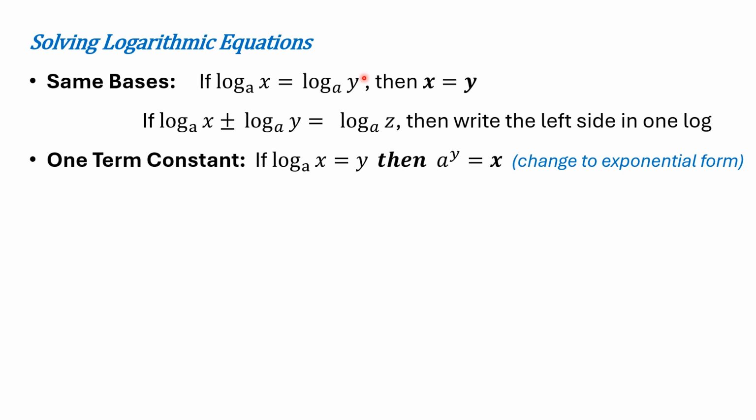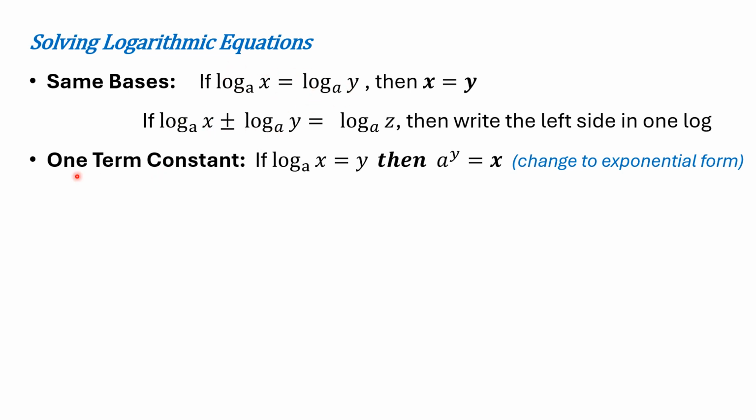That is if there's only one log on the left and only one log on the right side. But if there are two logarithms on the left side and one log on the other side, what you have to do is first write this in one logarithm, and then once it is already in one logarithm, you can apply this.